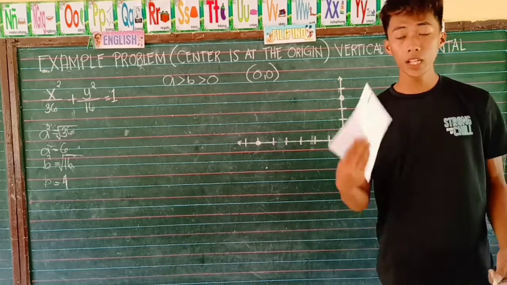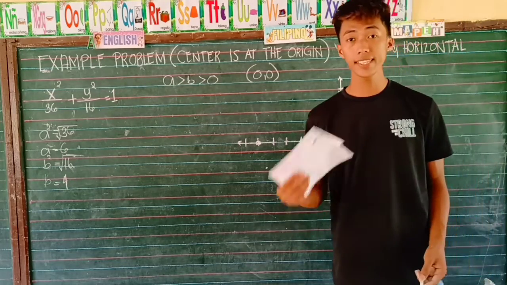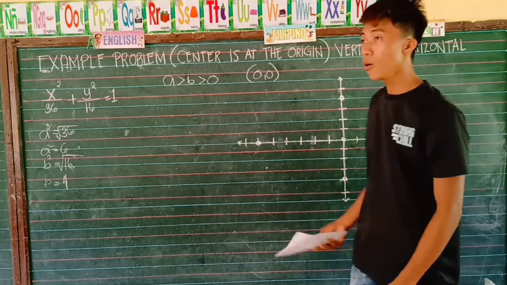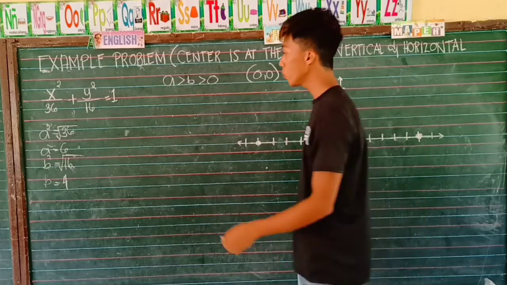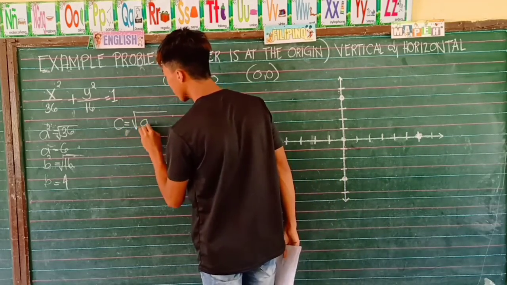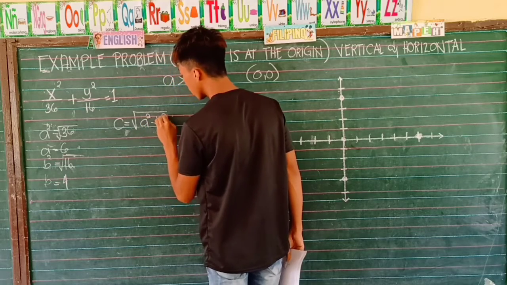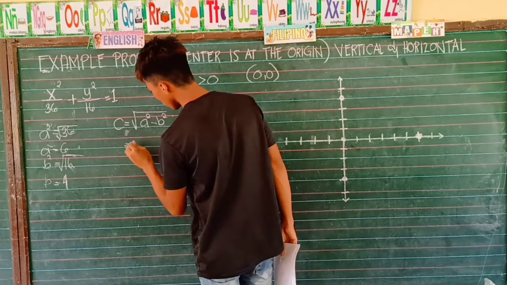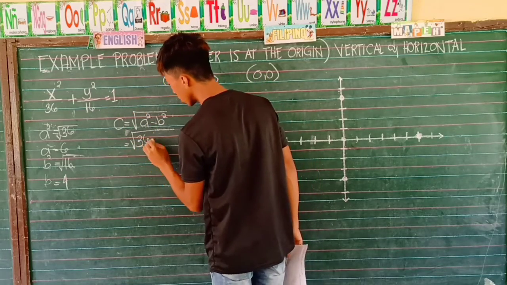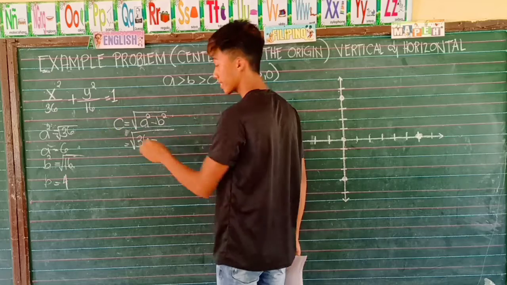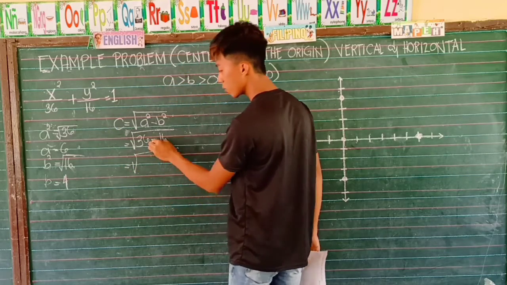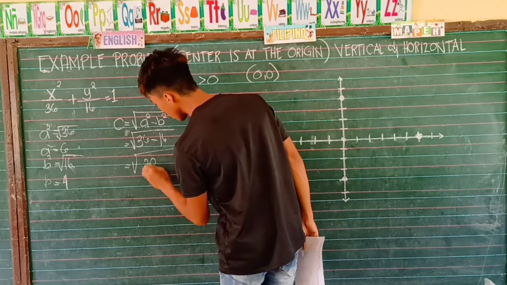Now that we have plotted our vertices and co-vertices, we will find the value of c. To find the value of c, we will use the formula c equals the square root of a squared minus b squared. a squared equals 36 minus b squared equals 16. 36 minus 16 equals 20.